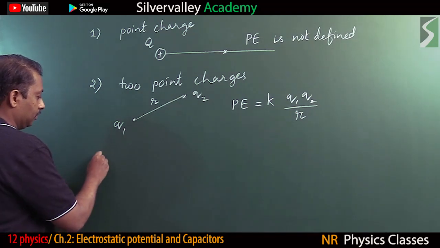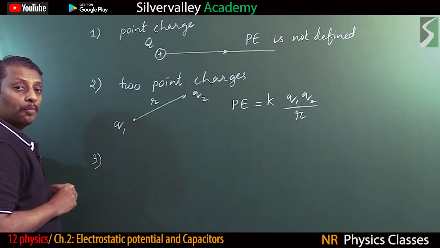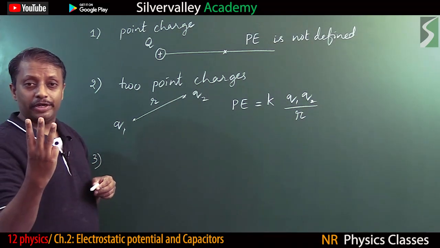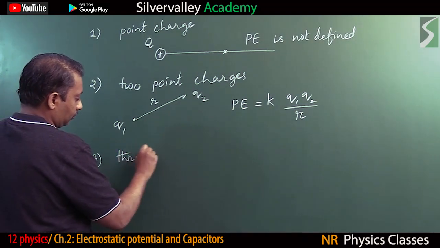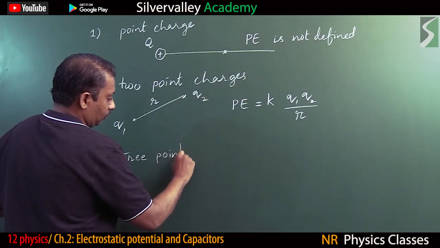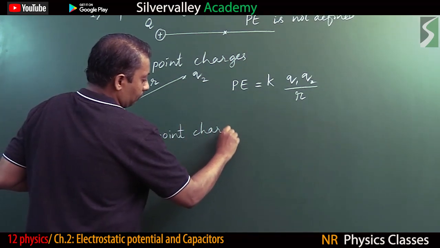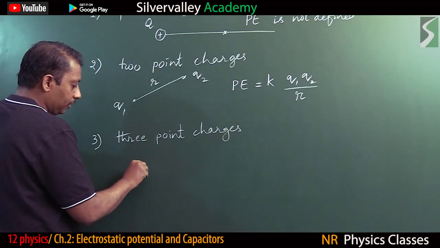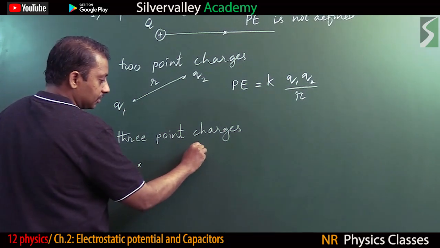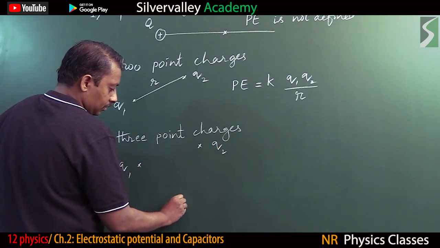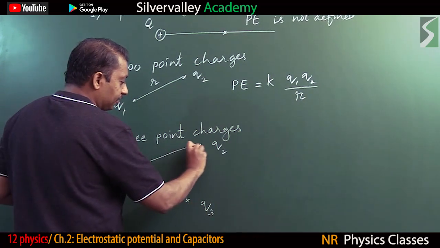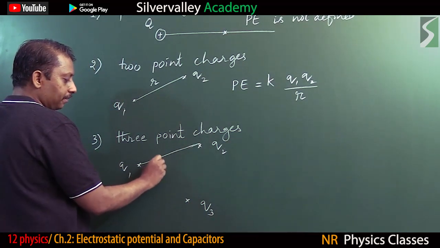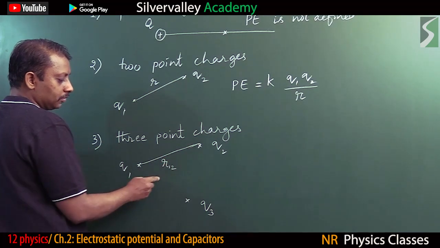Third, potential energy due to three point charges. This is Q1, this is Q2, this is Q3. The distance between Q1 and Q2 is R12.